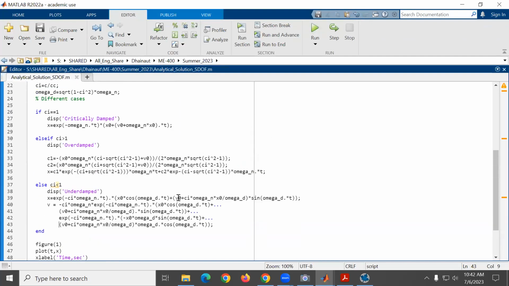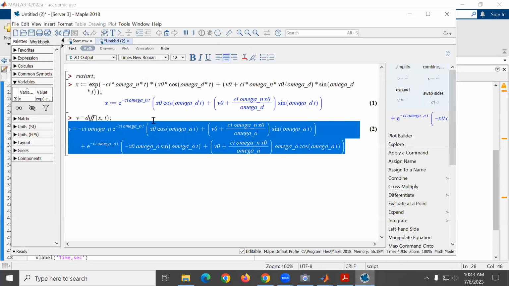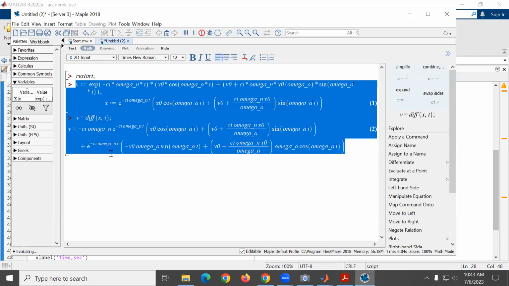Okay, so let's say if we wanted to do now the overdamped... let's do the critically damped. We could do exactly the same thing, no? Yeah, I could come over here, copy, paste, I go to Maple. Let me delete all this stuff.